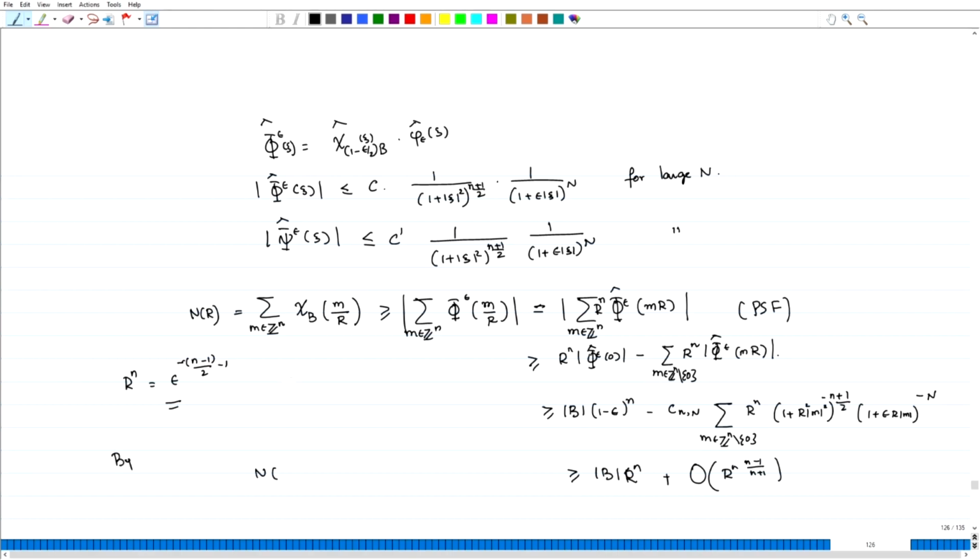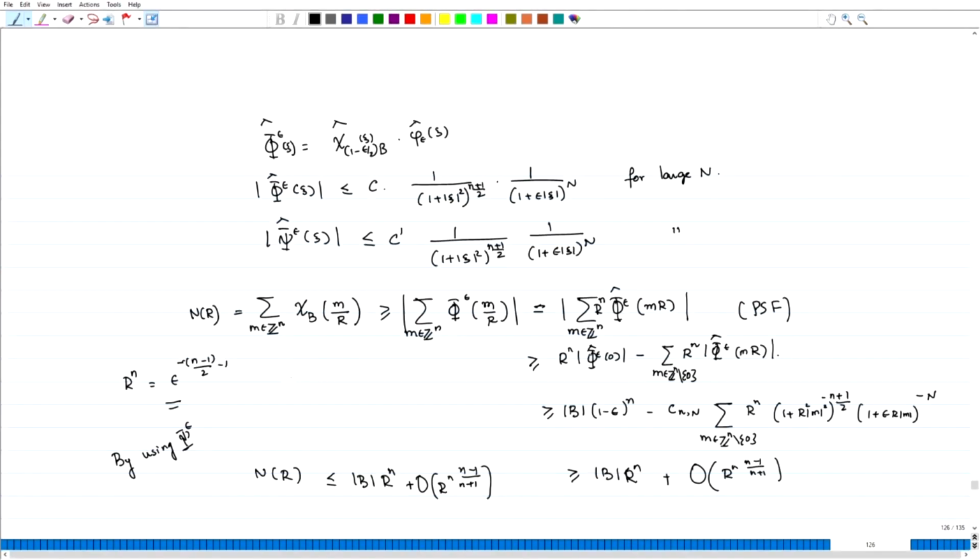By using psi epsilon, we get N_r is less or equal to the corresponding bound, and this gives us a bound for the lattice estimate for the number of lattice points present in a ball of radius r.